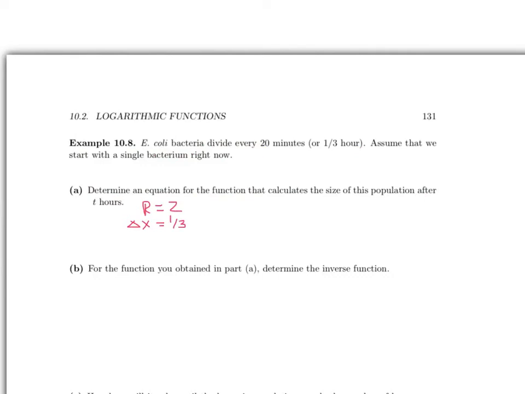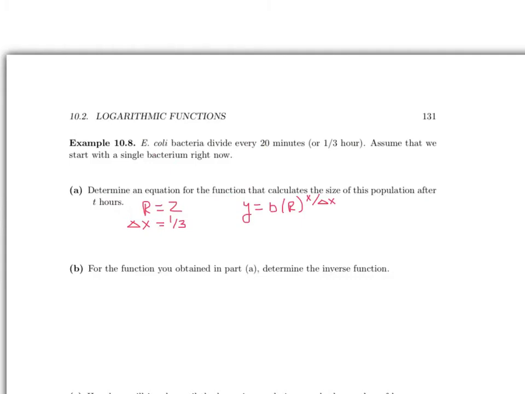Because the population is growing by a constant factor on equal time periods, that suggests that the population growth is exponential, and therefore it would have an equation of the form y equals b times r raised to the x over delta x.